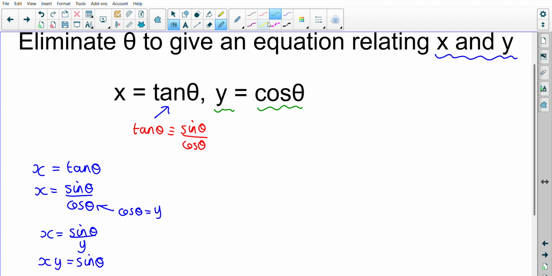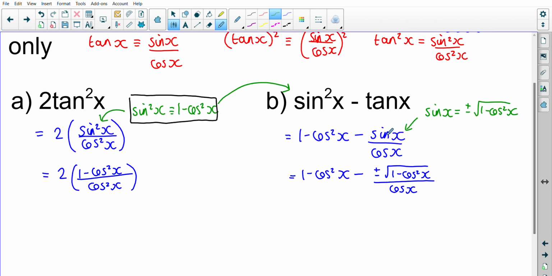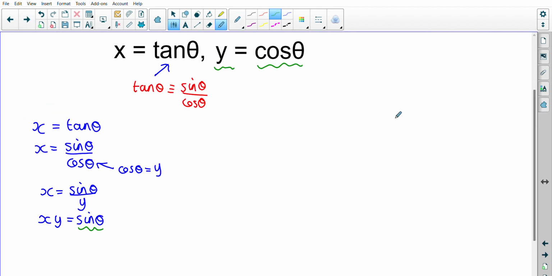And then I'm going to think what I can do with this sine theta. Now we did see it in the last one that we've done. When I had a sine x and I wanted to change it, I used this. So I square rooted the part of the identity. Why am I thinking I'll need that on this one? Well, I haven't got a letter in terms of sine theta. Tan theta equals x, cos theta equals y. So if I can change this sine theta into terms of cos theta, I might be able to apply a y there.